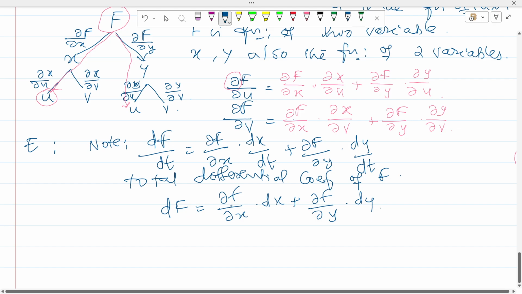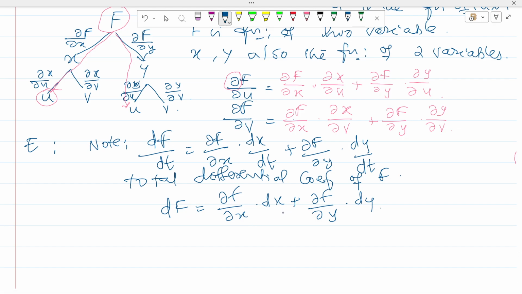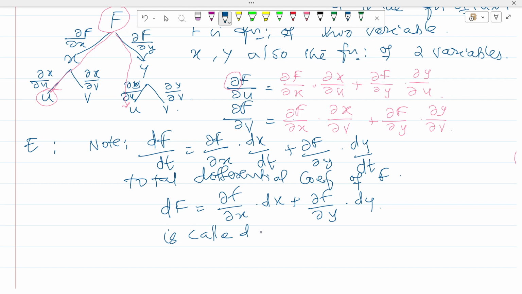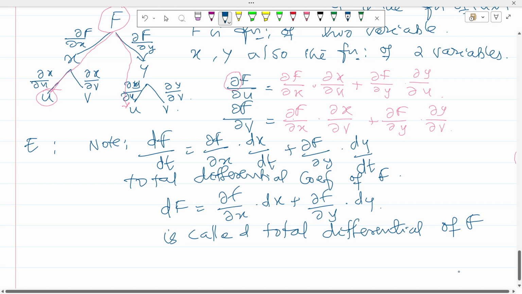That means df equal to dou f by dou x into dx plus dou f by dou y into dy is called the total differential of f.